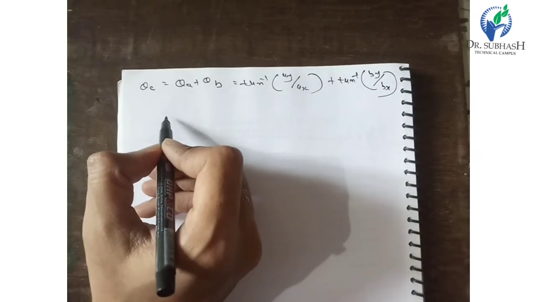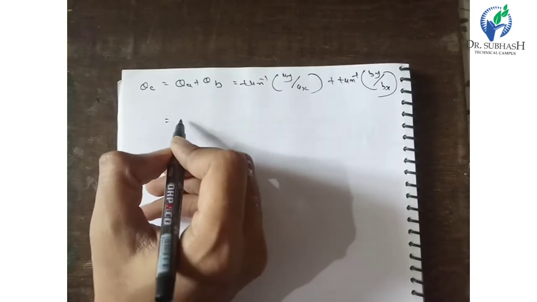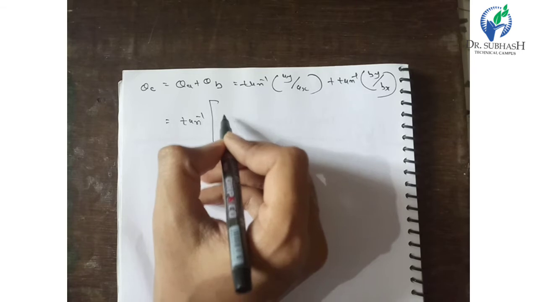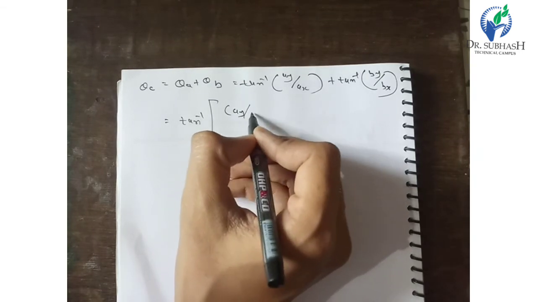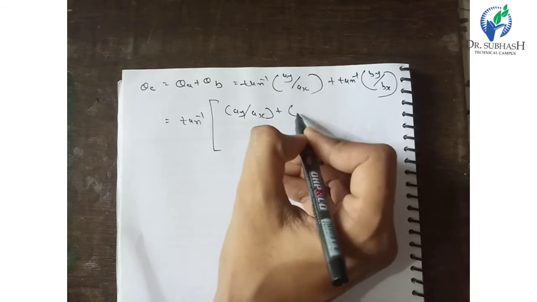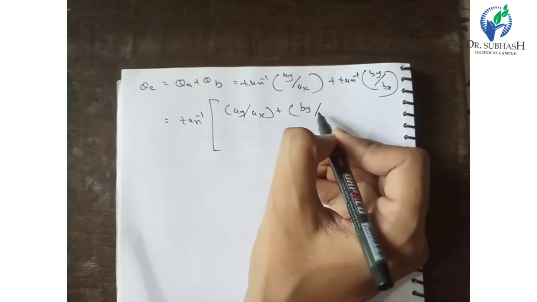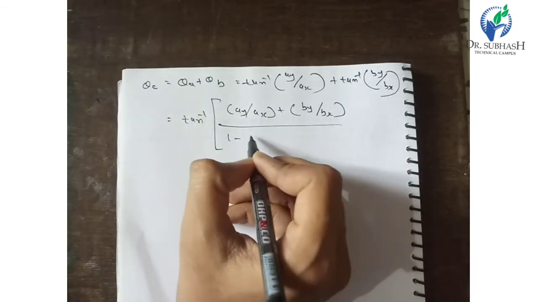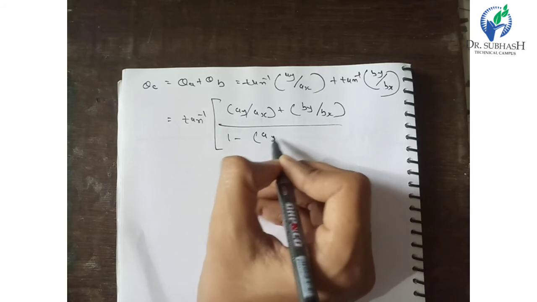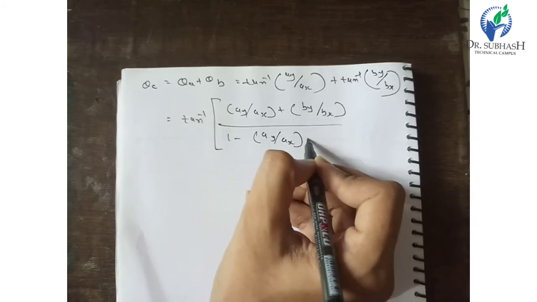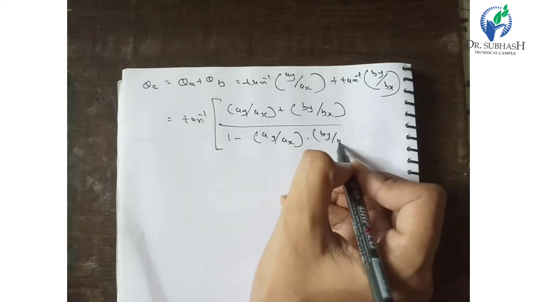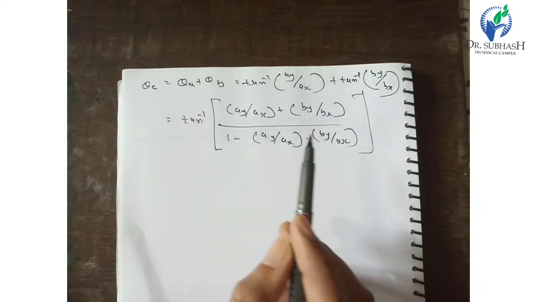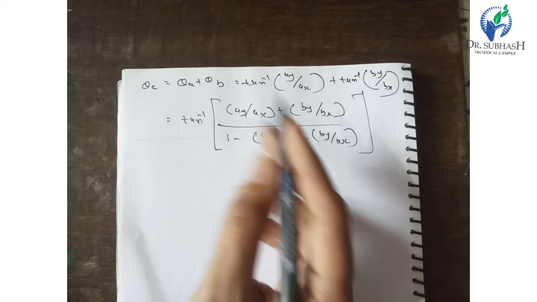Here the angle theta C, so the resultant value is tan inverse of AY upon AX plus BY upon BX, upon 1 minus AY upon AX into BY upon BX. This is a common rule for tan inverse in the output form. These are the mathematical steps.